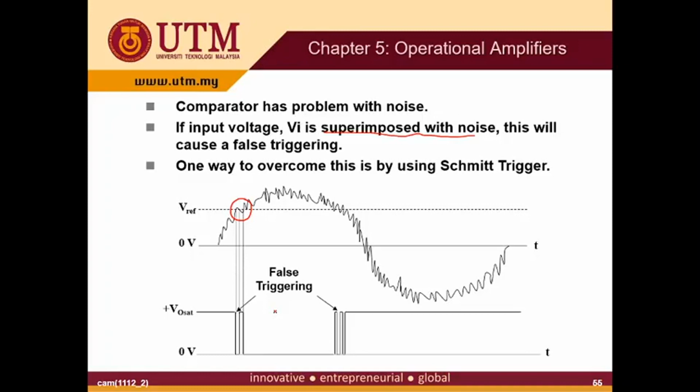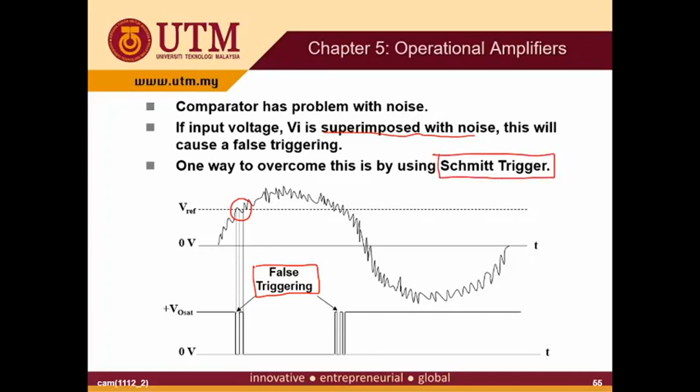When you have false triggering, the output of the op-amp will give an unstable voltage to the compressor. This is not good for the actual application, so you need to remove this false triggering. How to do that is by using a Schmitt trigger.